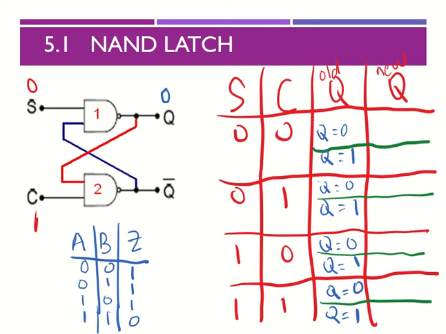Because here is 0, and the rule says Q cannot be the same as Q bar, so this will be 1. So 1 over here will become 1 over here, 0 over here becomes 0 over here. So the output of 0 and 1 will be 1 over here.